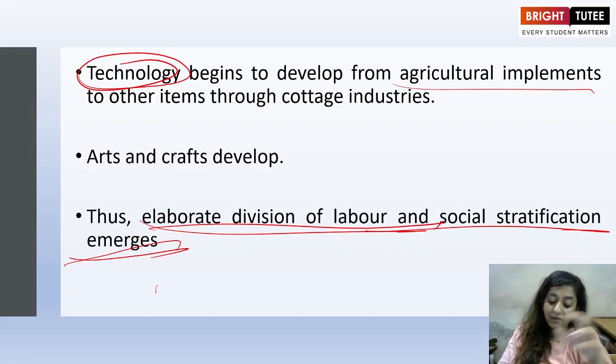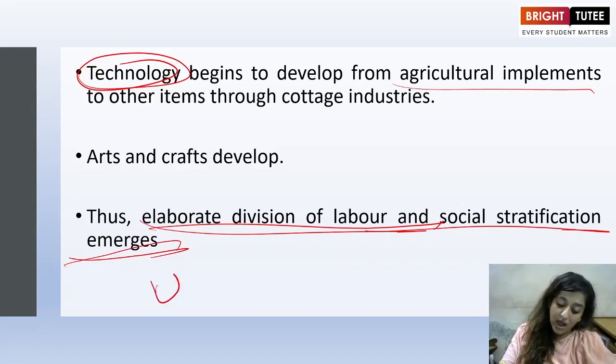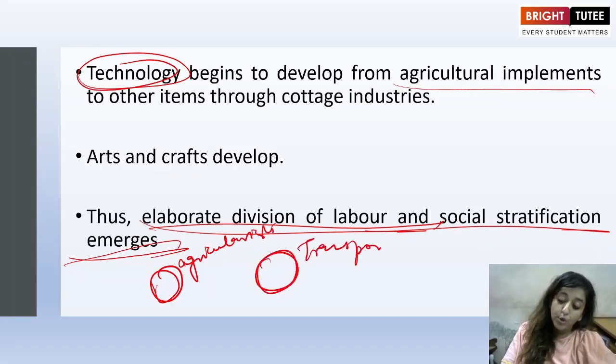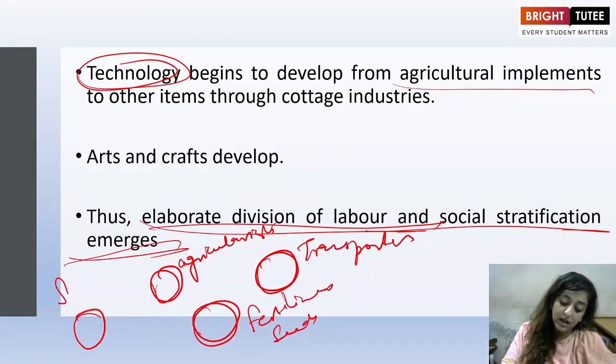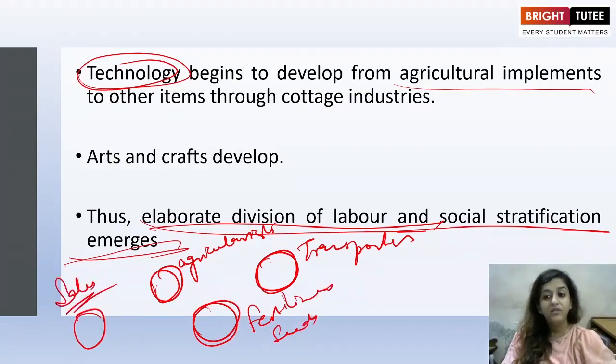Obviously, when you have a community of agriculturalists, you would definitely want transporters. You would even want people who can give them fertilizers and seeds, and another community taking care of the sales.